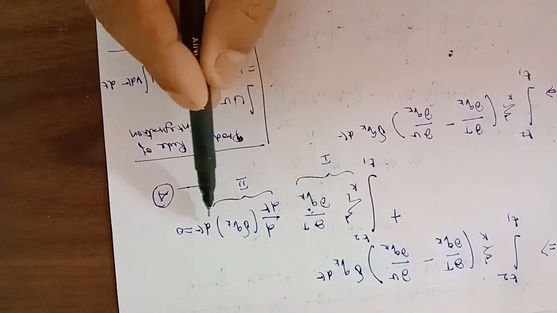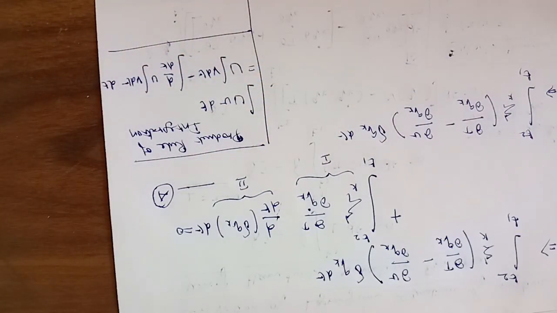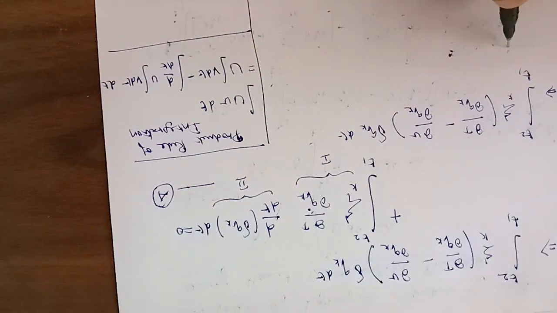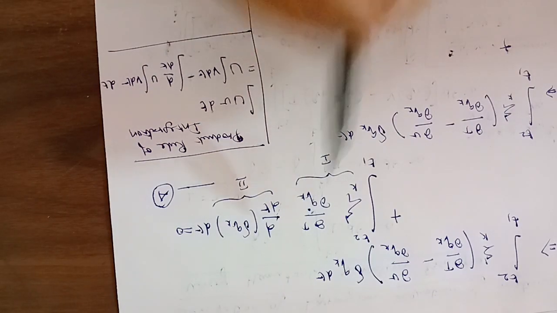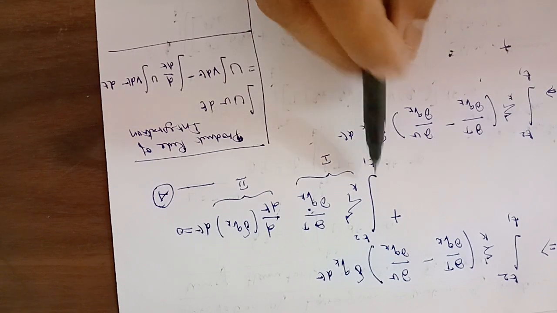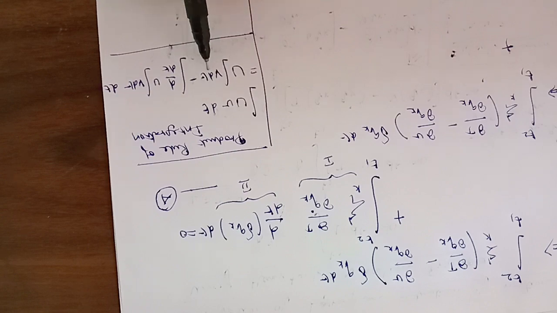Now, this may be simplified using this product rule of integration. So you see what will happen now? Plus, this value can be written as integral, here you see, u integral v dt.